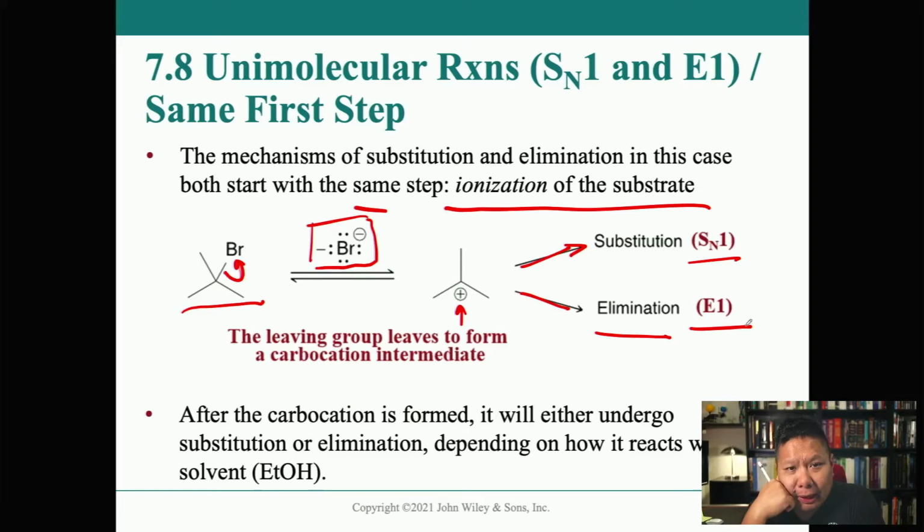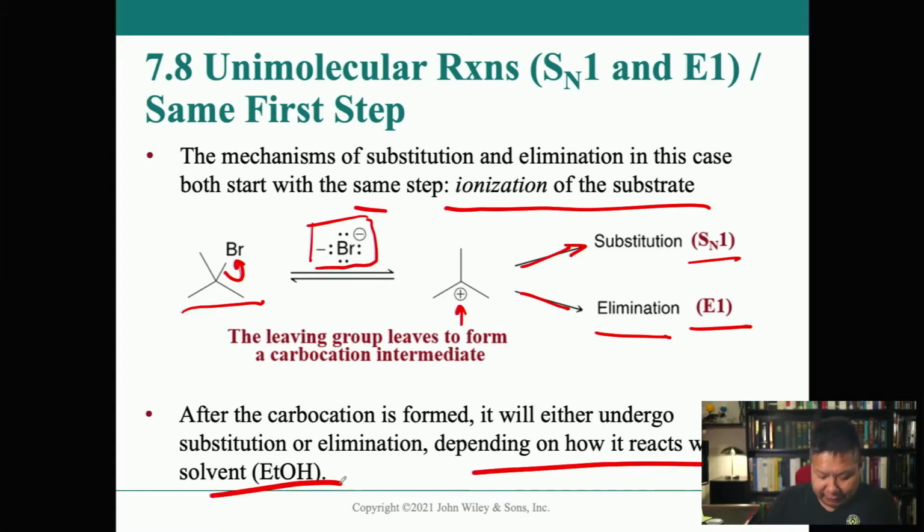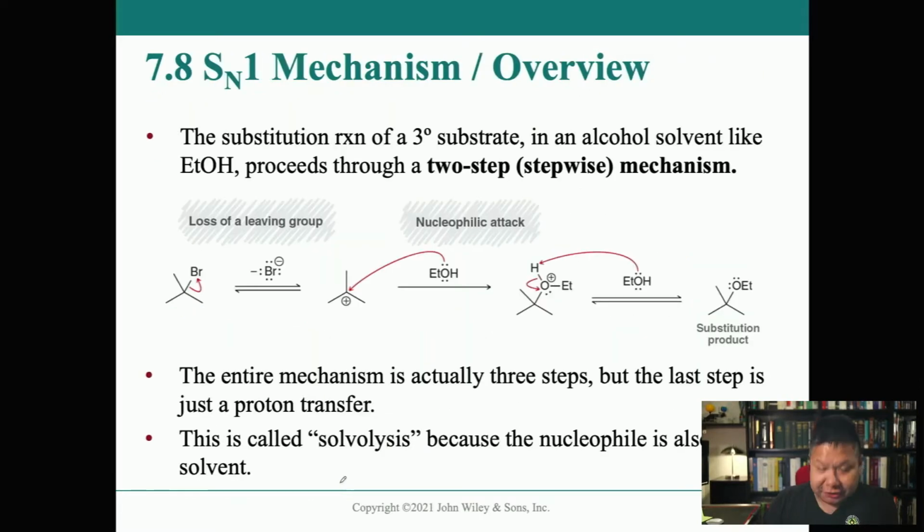So after the carbocation is formed, right, it will either undergo substitution or elimination depending on how it reacts with the solvent EtOH, right, which you saw in the previous slide I drew already, which I will show you again here officially. The substitution reaction of the tertiary substrate in an alcohol solvent like EtOH proceeds through a stepwise mechanism, right?